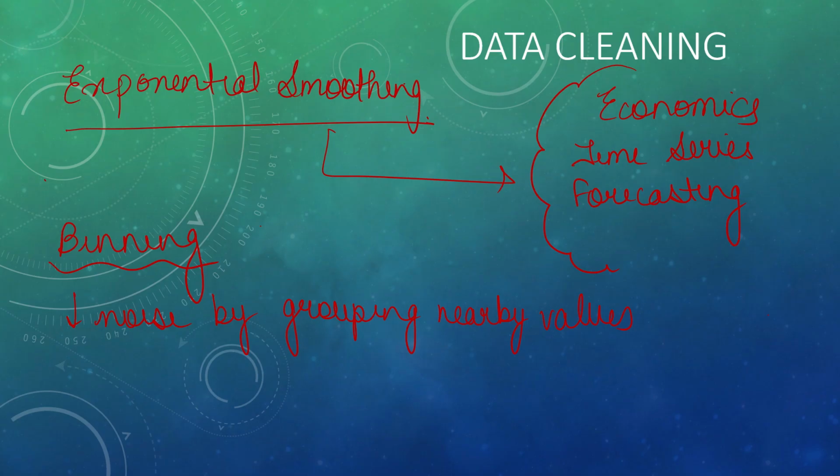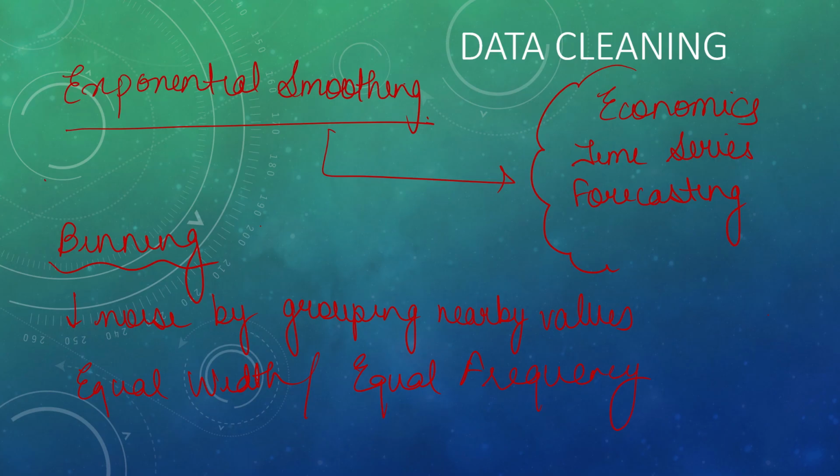You have equal width binning, that all bins are the same width. Then you have equal frequency binning, that each bin contains approximately the same number of data points. So equal width or equal frequency. These two we have to cover.